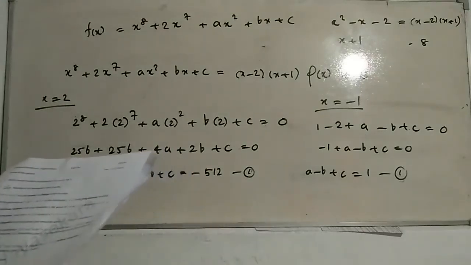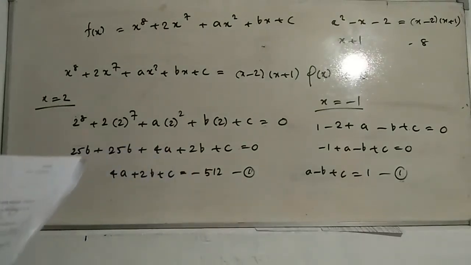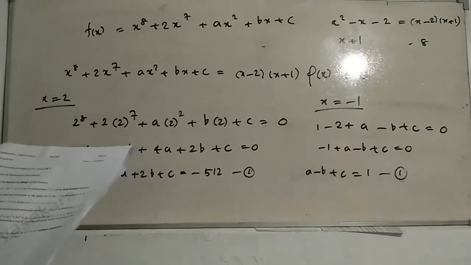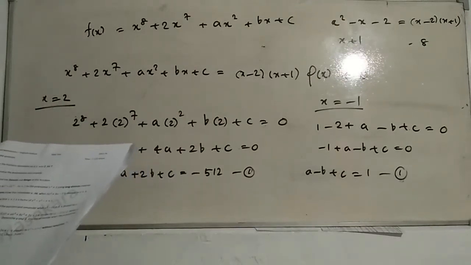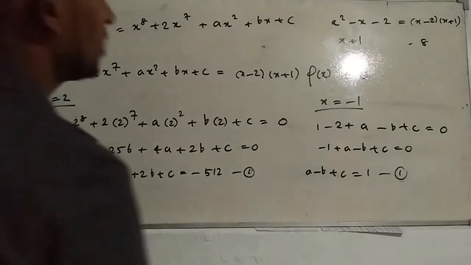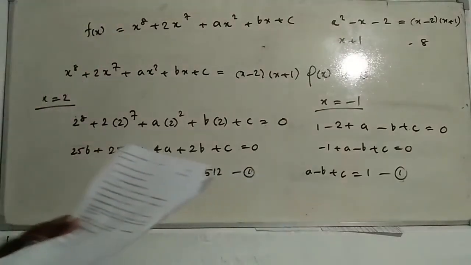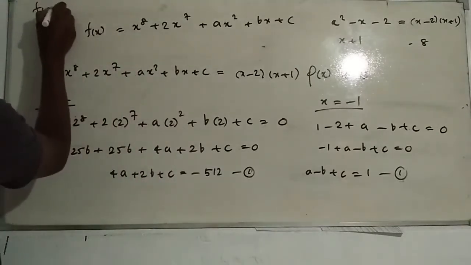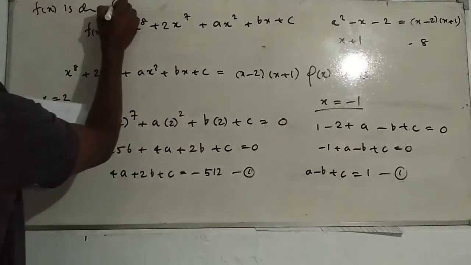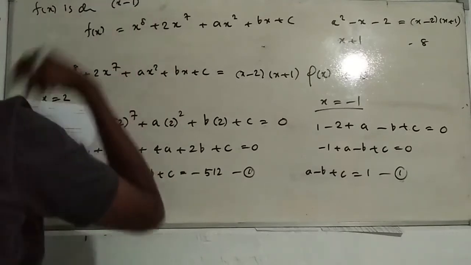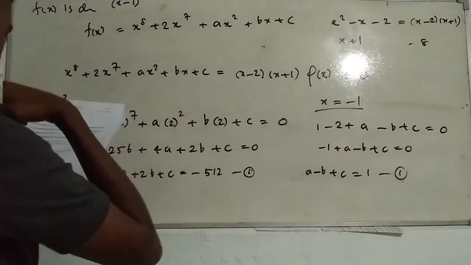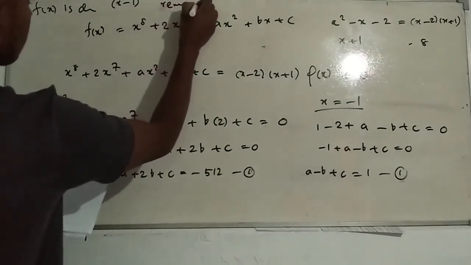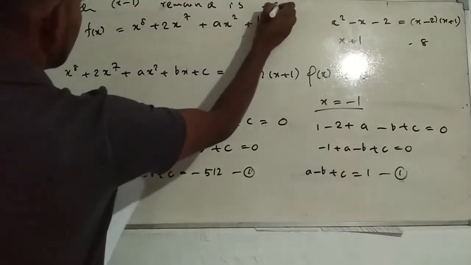Now the second help, when this polynomial is divided by x plus 1, that should be x minus 1. Yes, that should be x minus 1. Okay, this question is wrong, right? When f of x is divided by x minus 1, we are given that the remainder is minus a, right?